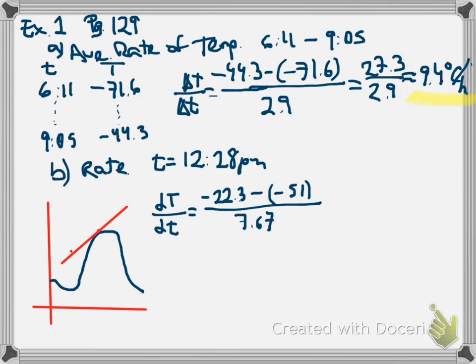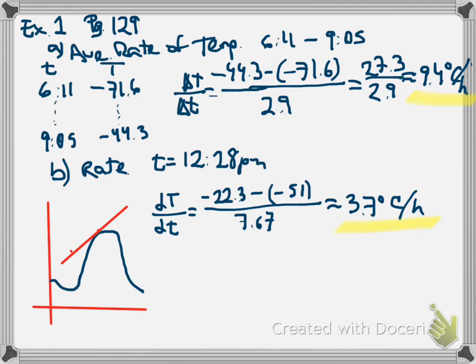I use the point A, which is at 448. The slope is going to be approximately 3.7 degrees Celsius per hour, which is the answer of letter B.